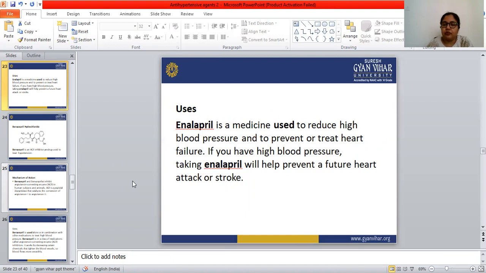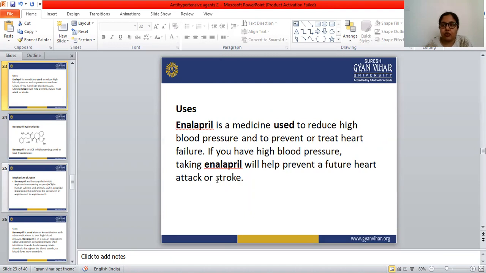If you have high blood pressure, taking enalapril will help prevent a future heart attack or stroke.